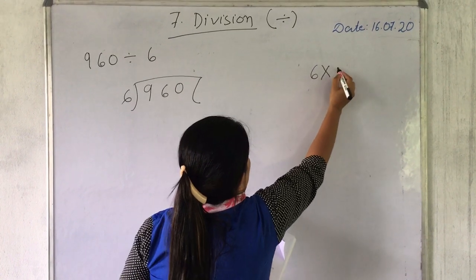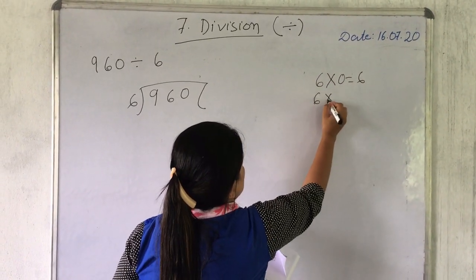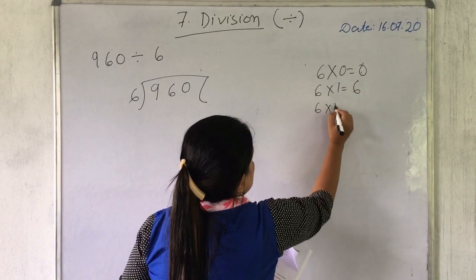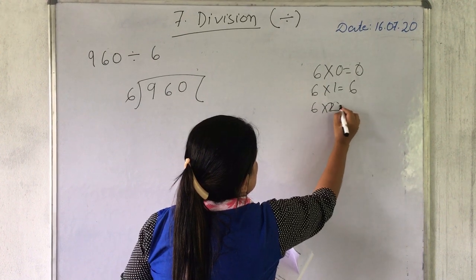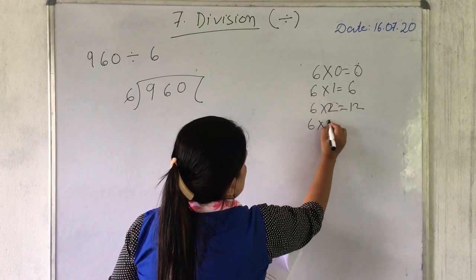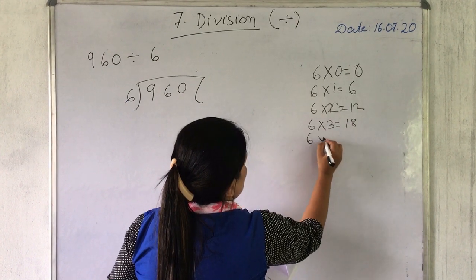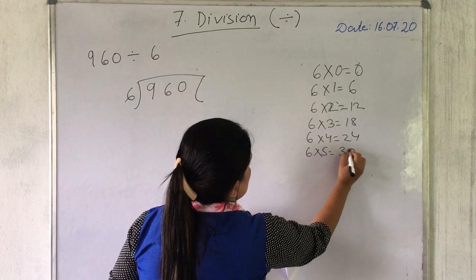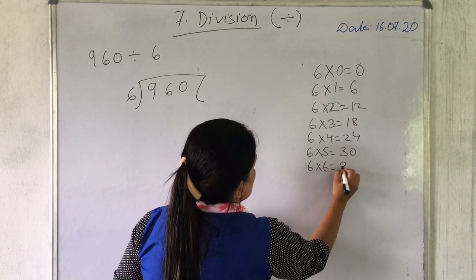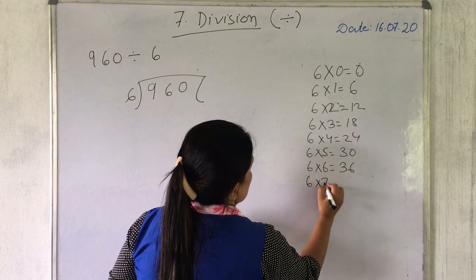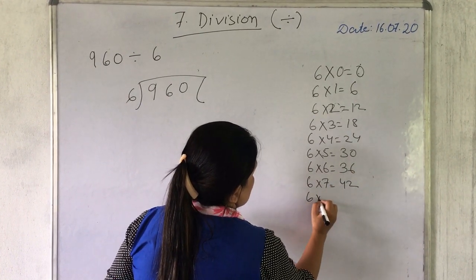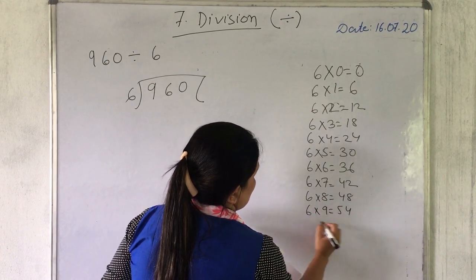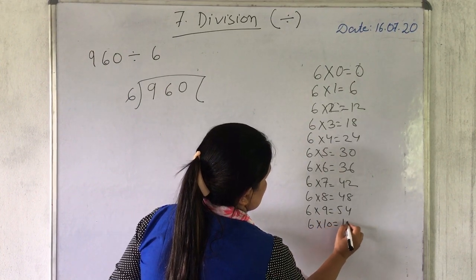So 6 table you have to write. 6 threes are 18, 6 fours are 24, 6 fives are 30, 6 sixes are 36, 6 sevens are 42, 6 eights are 48, 6 nines are 54, 6 tens are 60.